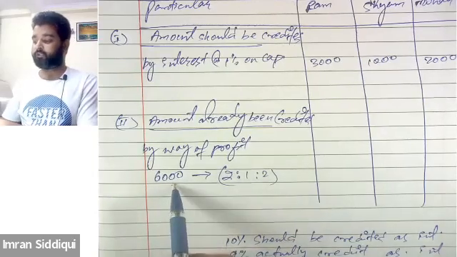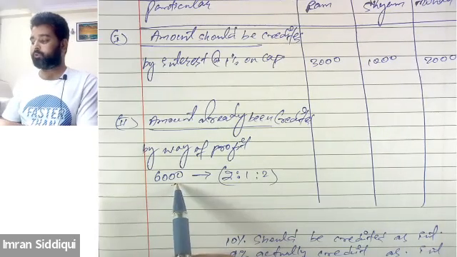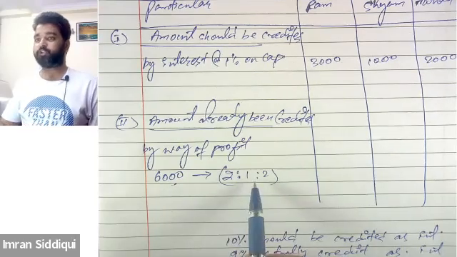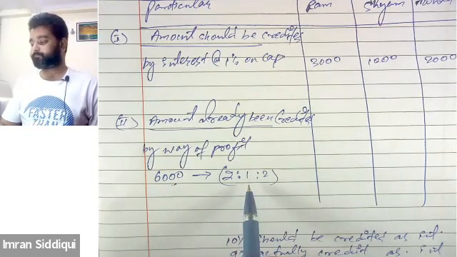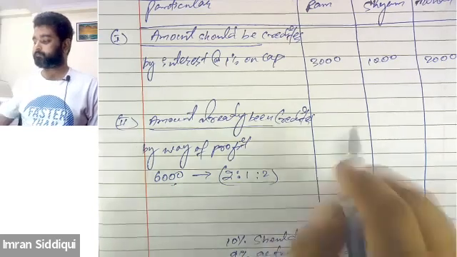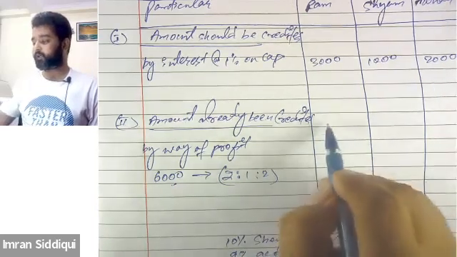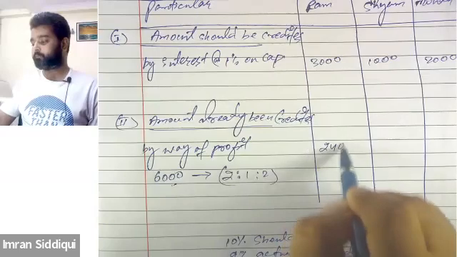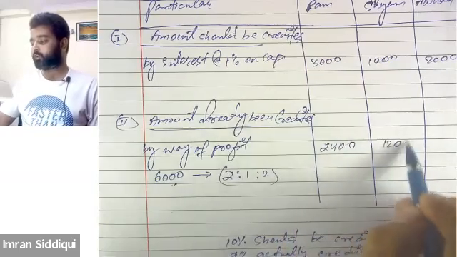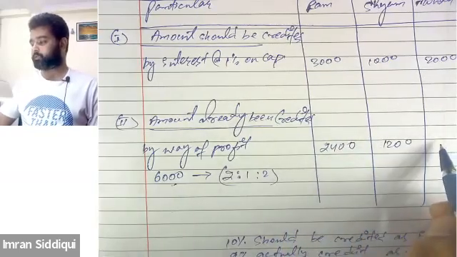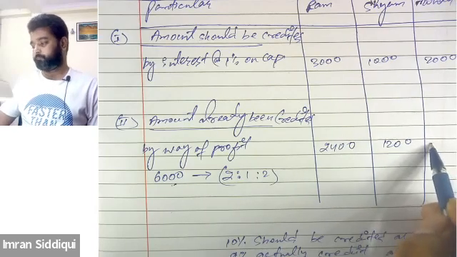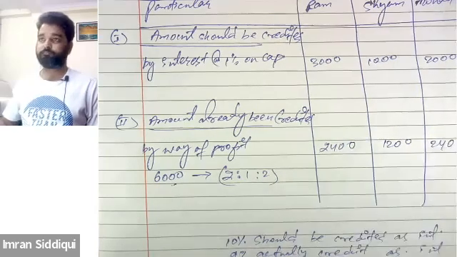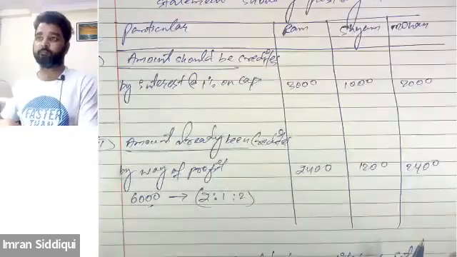So now we will divide this amount among the partners in this profit sharing ratio. We will get 2,400 for Ram, 1,200 for Shyam, and Mohan's account will be 2,400. Am I clear, all of you?